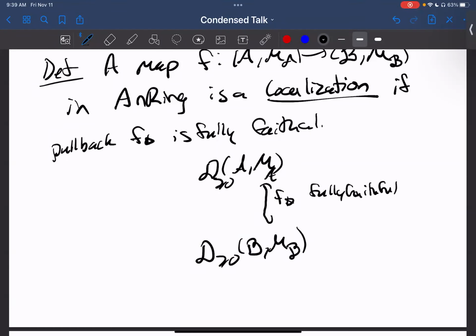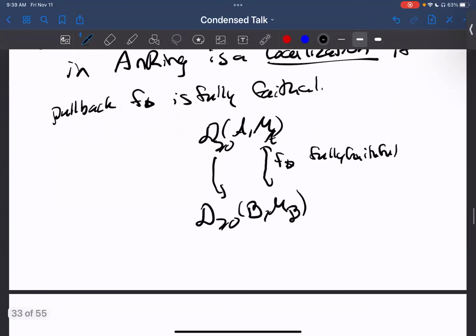And because we always have this adjunction here, which by the way, I have not mentioned how to define tensor products when A is commutative yet, but you can. I'm just going to say that without any proof. And taking this tensor product here, this is a categorical localization.